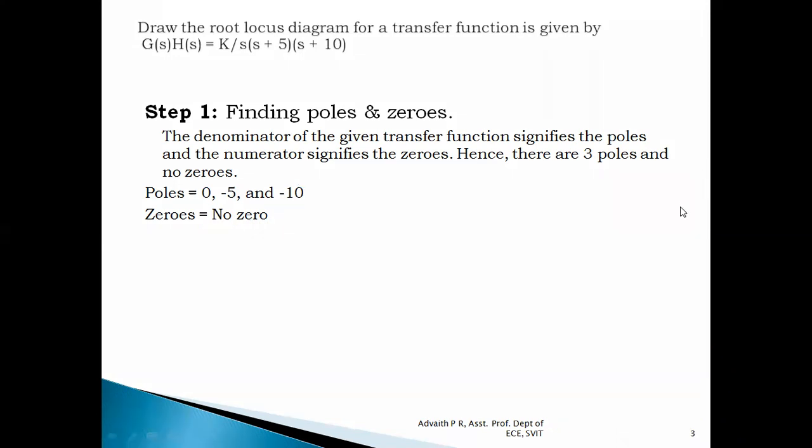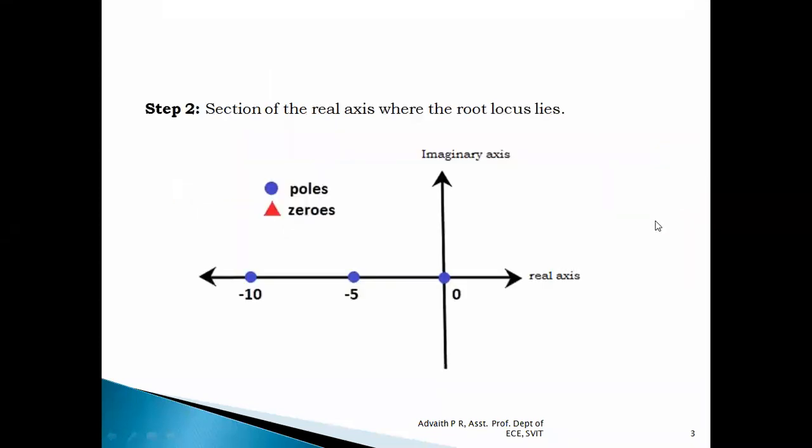After finding poles and zeros, we have to plot these poles and zeros on our root locus plot. Along the x-axis, we'll consider the real axis, which is given by the symbol sigma. Along the y-axis, we'll be considering the imaginary axis, which is normally signified as j omega. Normally, poles are represented by cross marks and zeros are represented by circles.